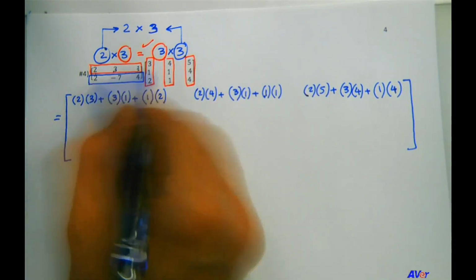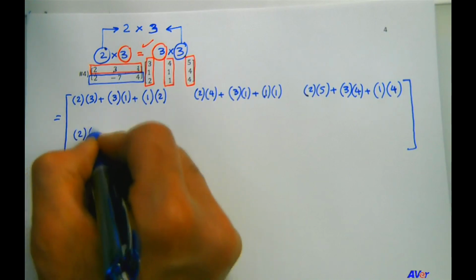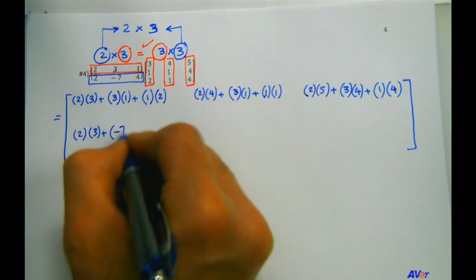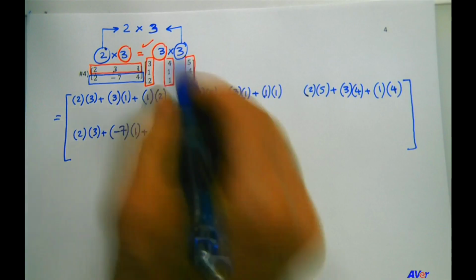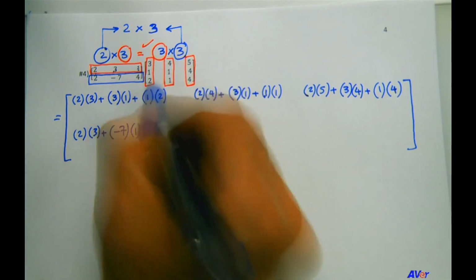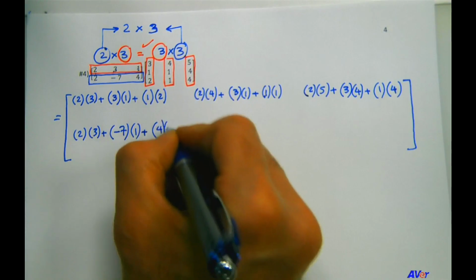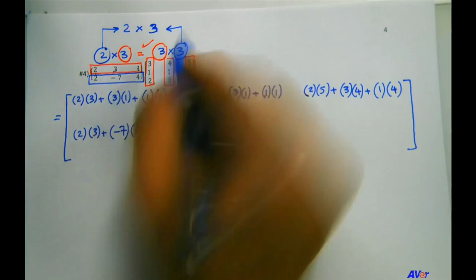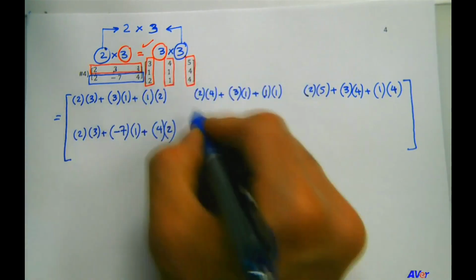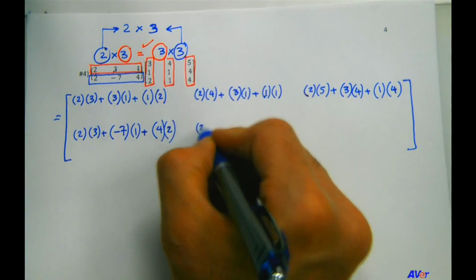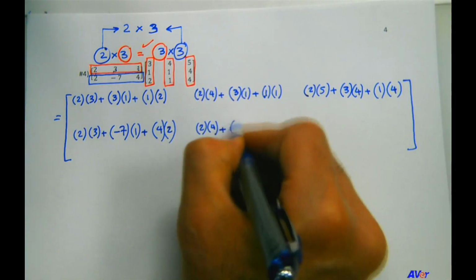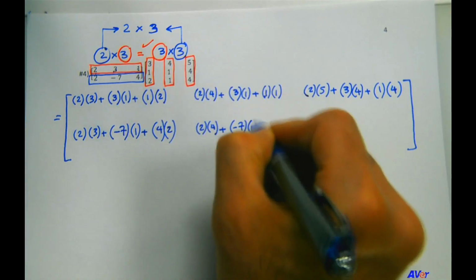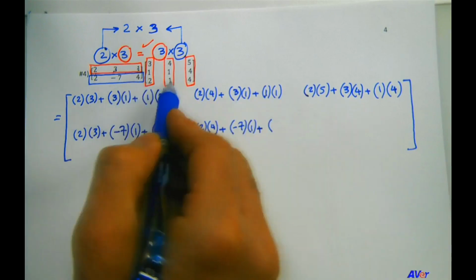So, 2 times 3 plus minus 7 times 1 plus 4 times 2. Like that. We're done with the first column. We're going to multiply the second row by the second column. So 2 times 4 plus minus 7 times 1 plus 4 times 1.